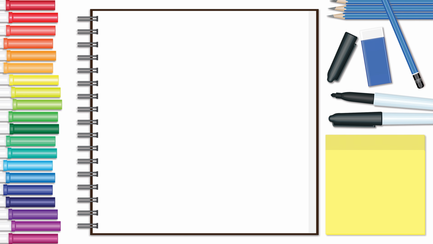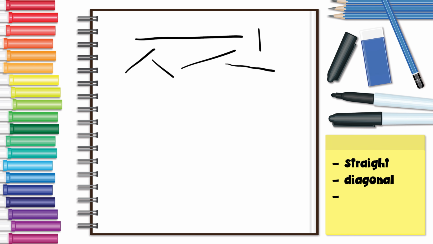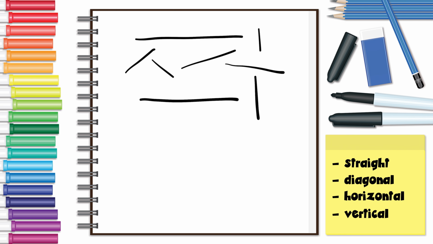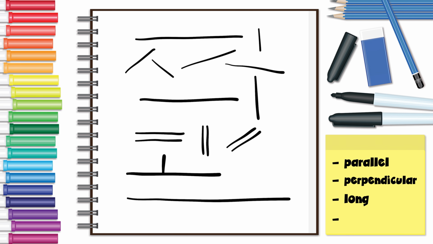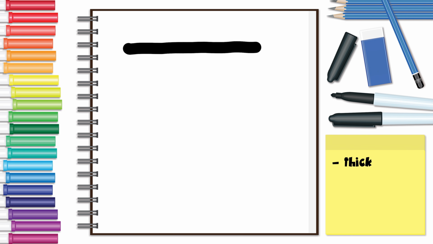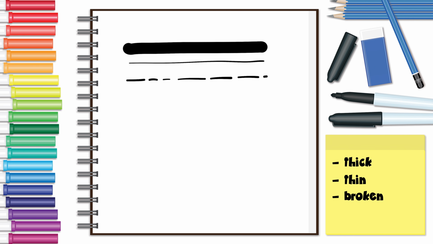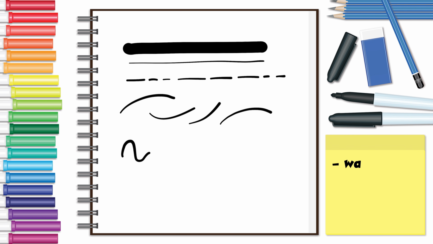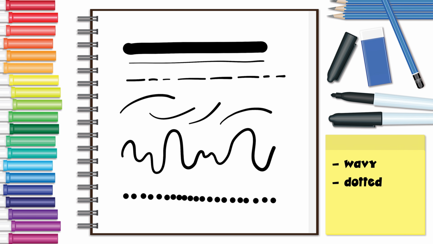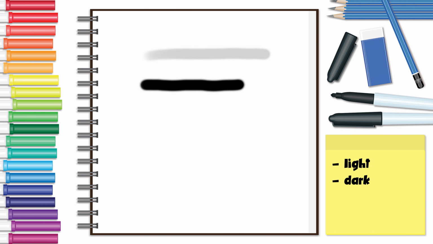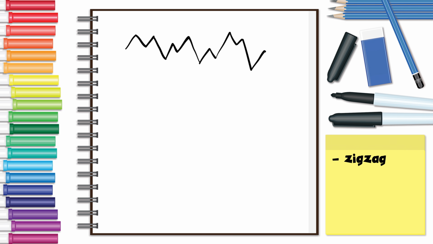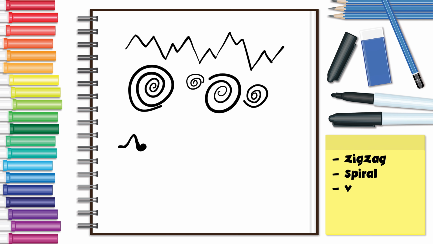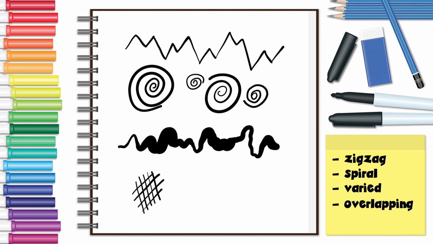There are actually a lot of different types of lines, such as straight, diagonal, horizontal, vertical, parallel, perpendicular, long, short, thick, thin, broken, curved, wavy, dotted, light, dark, smooth, textured, zigzag, spiral, varied, overlapping, and gestural.